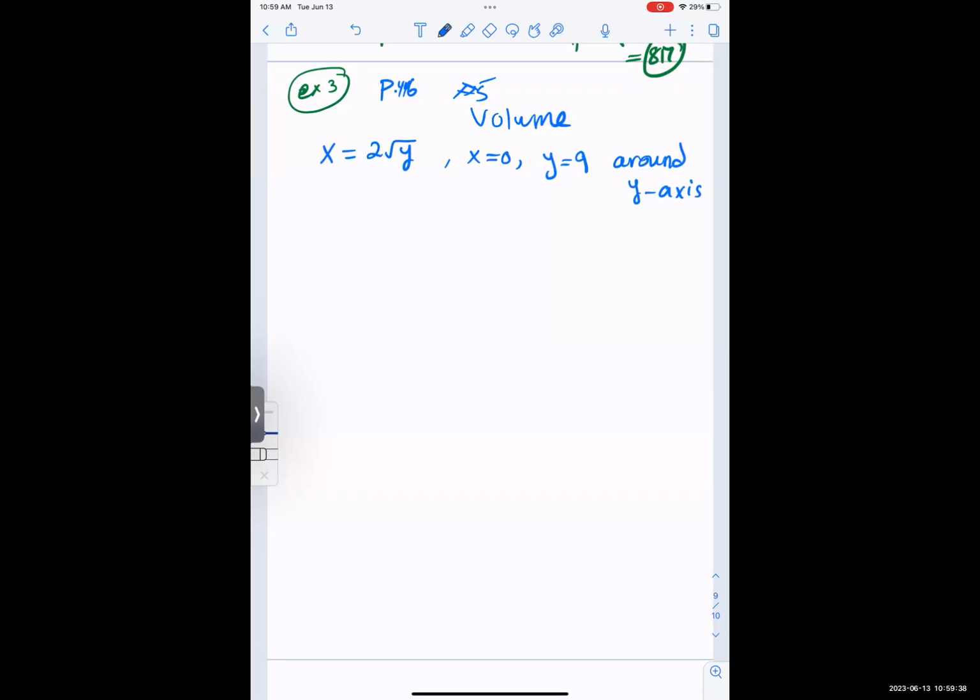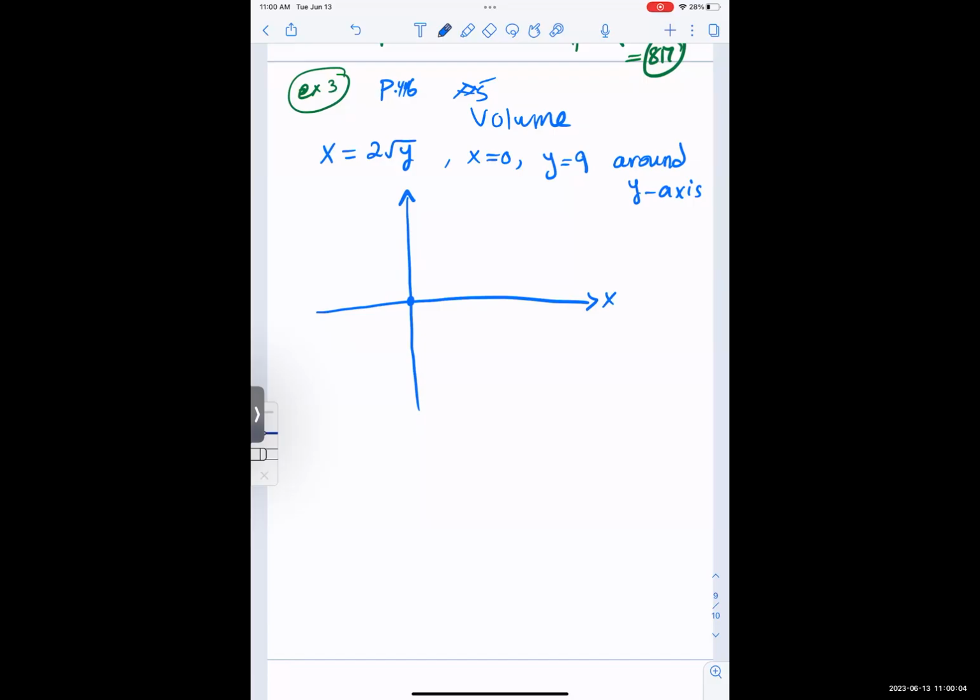So I want you to come up with a graph here. You can plot points. You know the behavior of radical, but this time it's radical y. So probably you know that it's exactly the inverse of what you did with x, or you can just plot points and figure out a rough graph of how this looks.